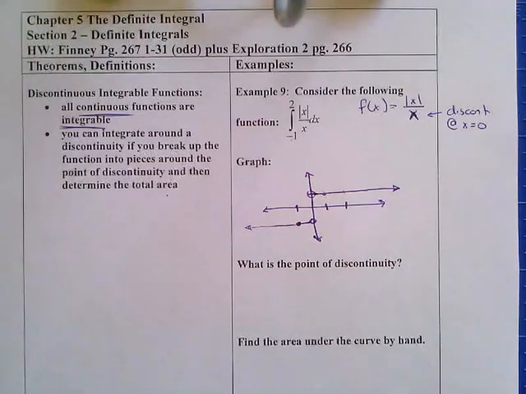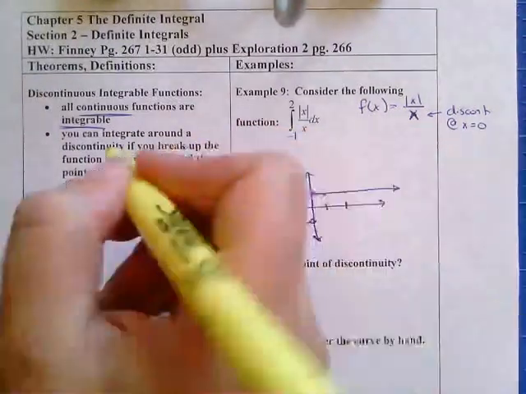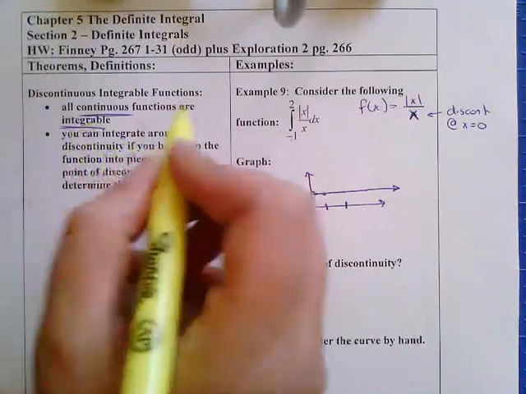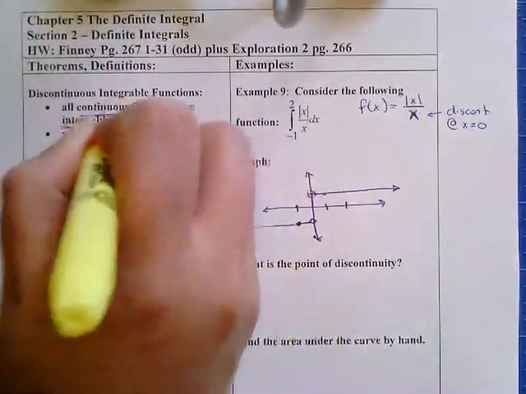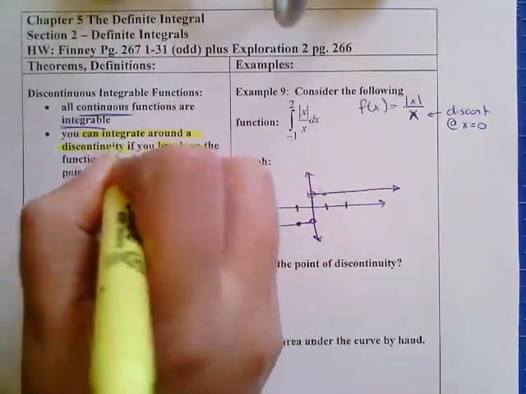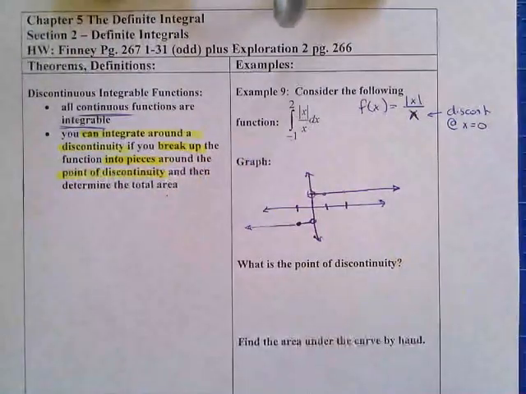Because here we have a discontinuity, obviously we're not going to be able to integrate continuously from one area to the next. But what we can do is integrate around the discontinuity by breaking up the function into pieces around the point of discontinuity.